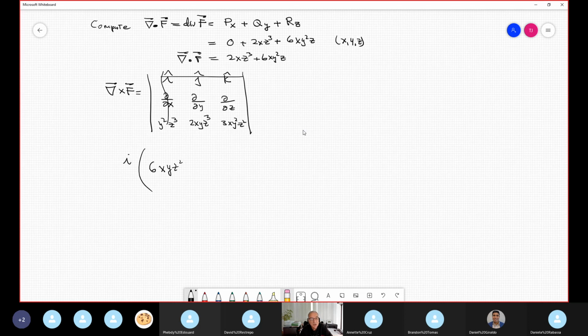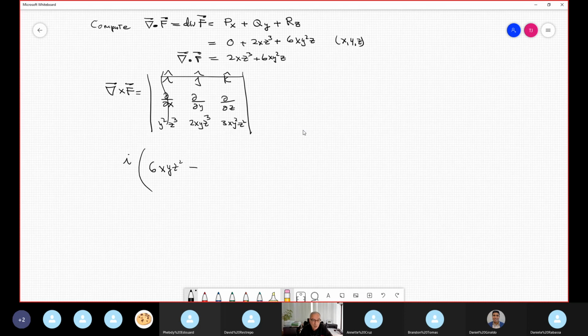And you differentiate this, with respect to y, entonces 6x, the power of y decreasing, and c squared stays the same.